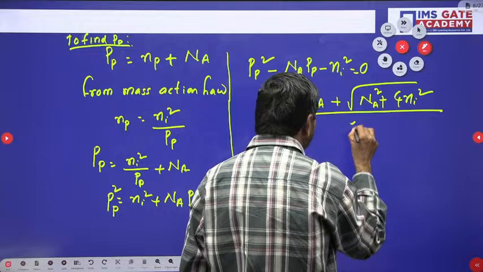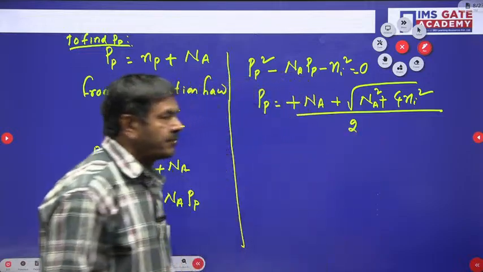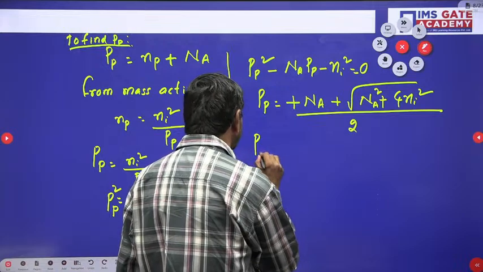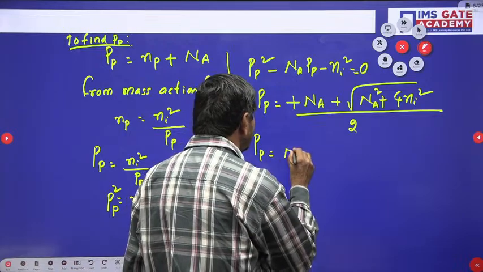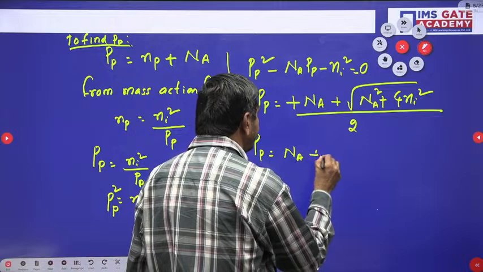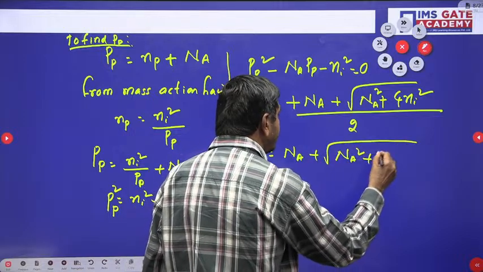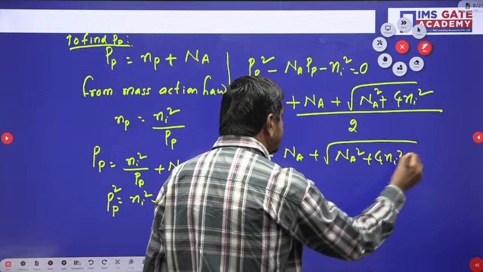Take only plus, don't take minus now, since holes must be positive. So finally the formula required to find the concentration of the holes is Na plus under root of Na square plus 4Ni squared, by 2.